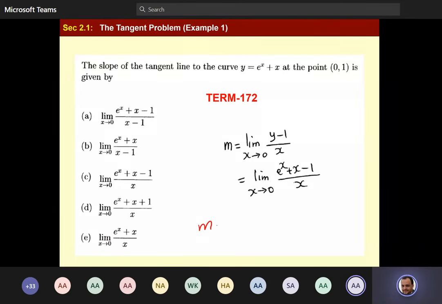The slope of the tangent is the limit of delta y over delta x when delta x is approaching 0. You can think about it like when x is approaching x0, if delta x is x minus x0, for example. So it is when delta x approaches 0.